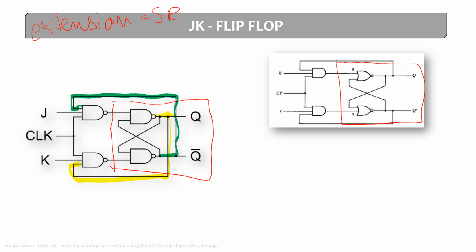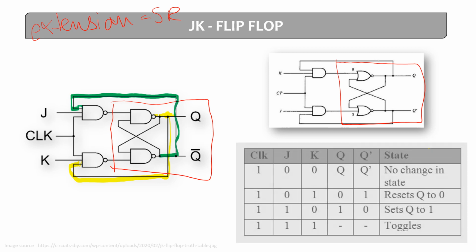Now let's see what the different states are for the JK flip-flop when we change the inputs. Here we have a truth table, and you can see that we have different columns. This clock column is nothing but the trigger for the flip-flop, so it will trigger my flip-flop.